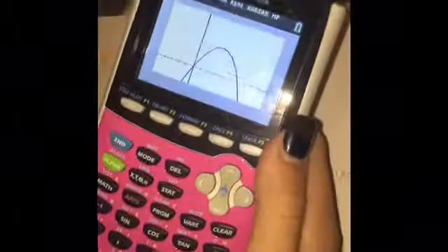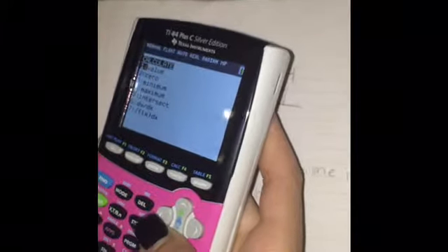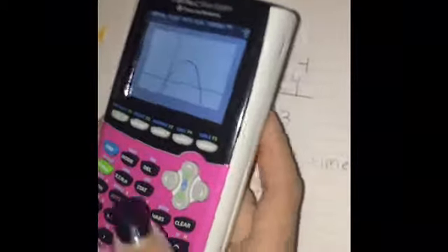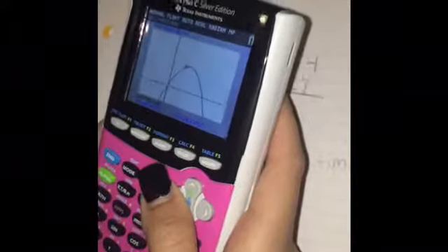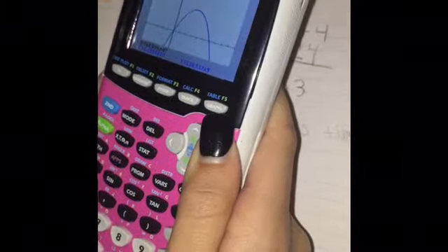There we go. Woo! So we are going to find the vertex. So we're going to do second trace. It was a maximum. Just going to do left bound, right bound, guess.